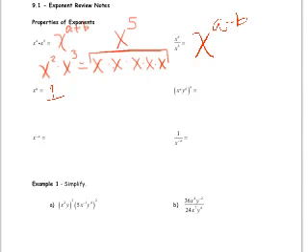X to the a times y to the b, all raised to the n. So, say it again, Rachel. X to the a and... Good. So this is really like x to the a to the n and y to the b to the n. Where'd you get that?